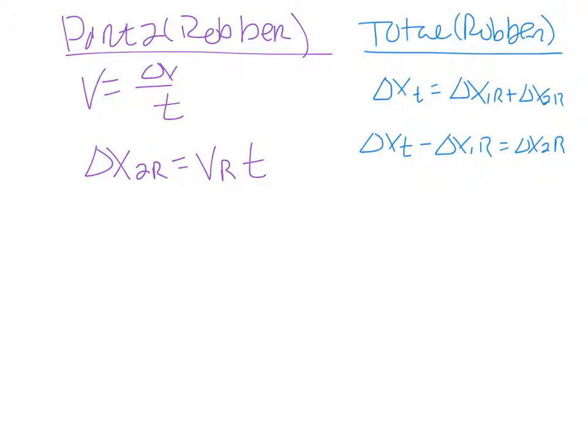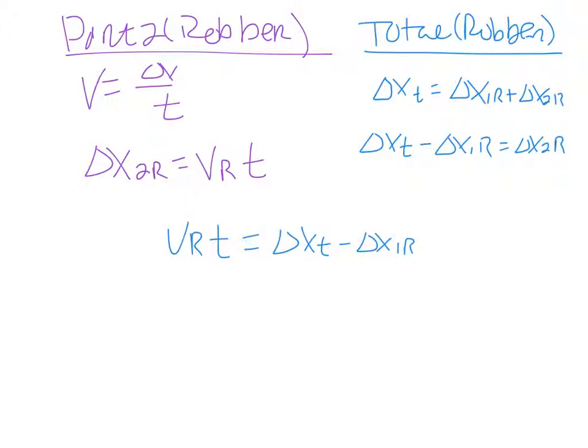So in this case, we don't really care how far the robber went in part 2, so I'm going to get rid of it by making the substitution. Speed of the robber, and this is in part 2, times the time equals the total distance covered minus delta x from part 1.